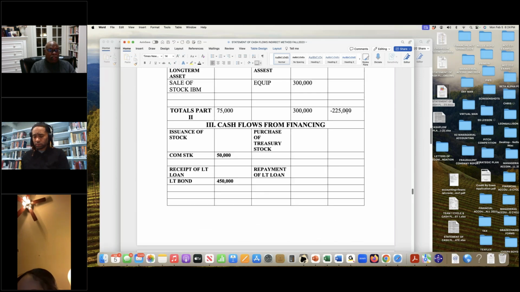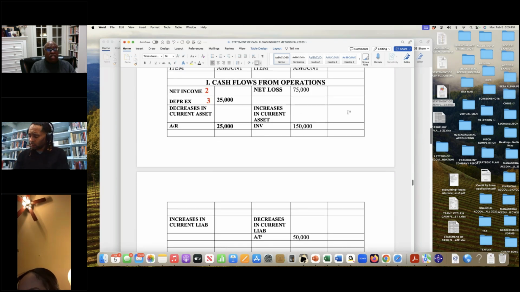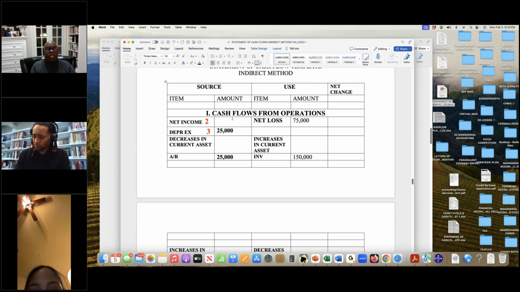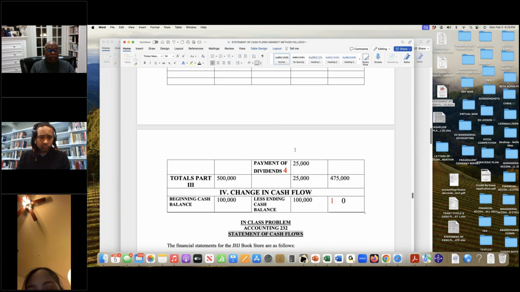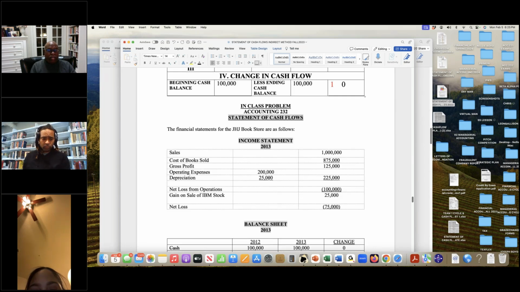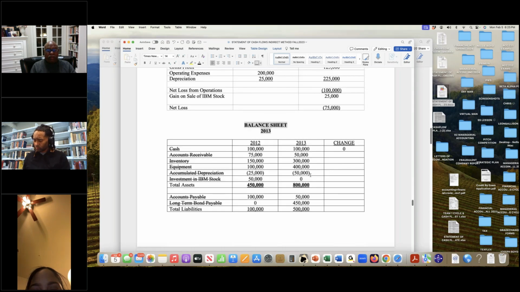The second thing I told you to do was put in the net income, or net loss. If it's income, it will be a source of cash. If it's a loss, it will be a use of cash. That's the second thing. The third thing we're going to do is put in depreciation. We're going to come to the income statement and we can get it, or we can come to accumulated depreciation. We can get that change.